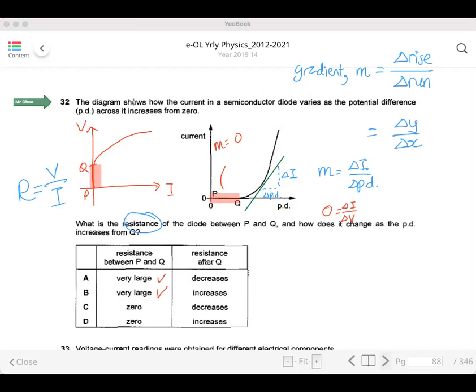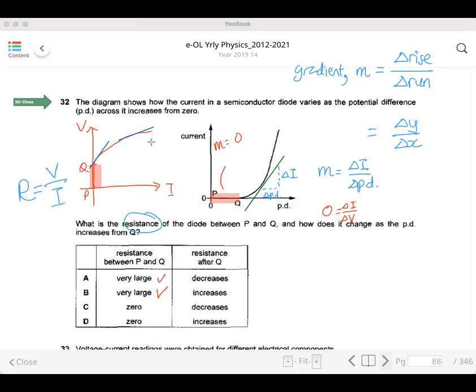Now, can you see from this graph, V over I, what happened to the gradient here? Let me just draw a few gradients, and then you should be able to understand what I mean. At first the gradient is like this, then the gradient is like this. Can you see the gradient becomes less and less steep? So the resistance becomes less and less. Is that clear?